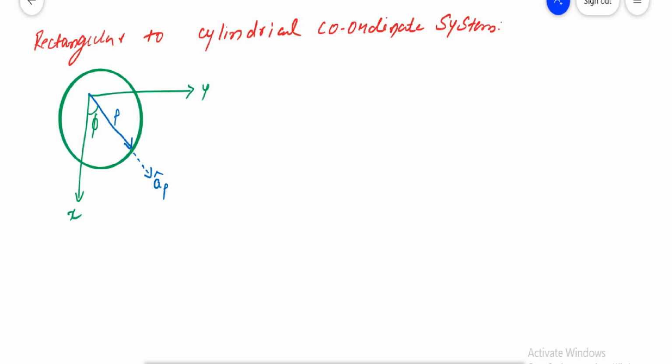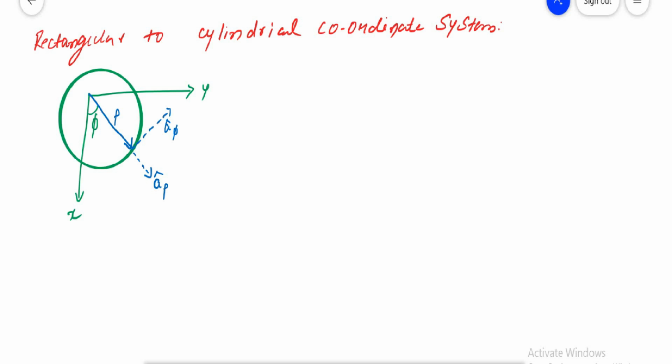To get the unit vector of this angle phi, let us draw one tangent here. This tangent is nothing but the unit vector of this angle phi. So here you got a_rho and a_phi.